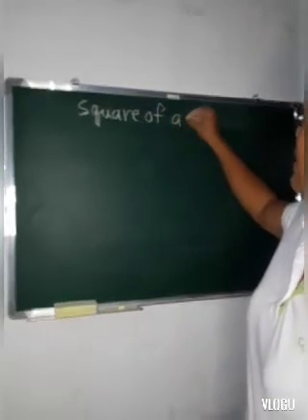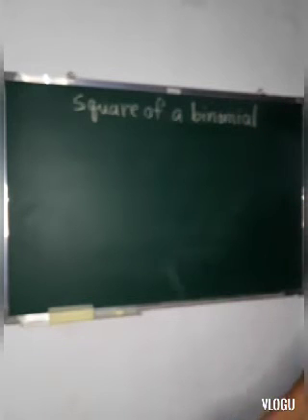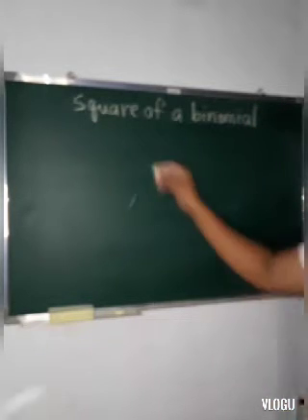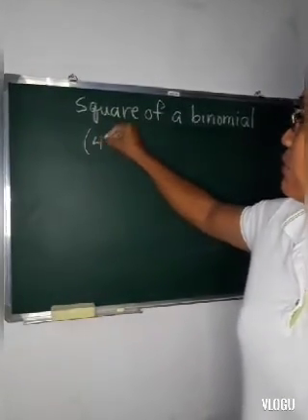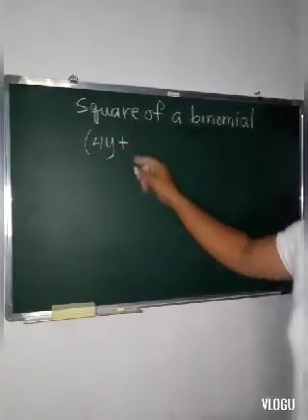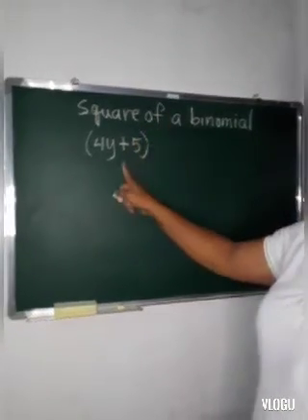Example, we have 4y plus 5, and then you're going to square this.